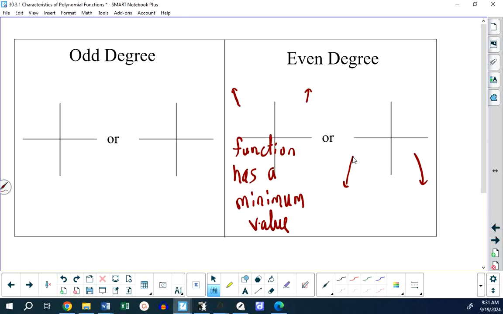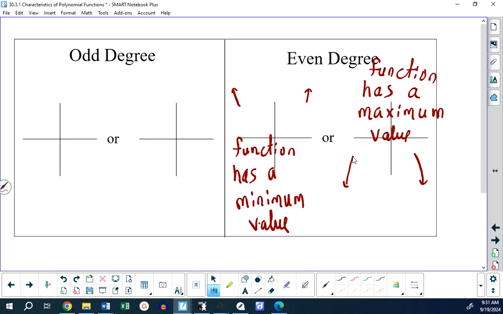If both arms are up, I don't care what it wobbles like in between, there has to be a lowest point to the graph of the function. And over here, if you have an even degree with both arms down, this must have a maximum value. I'll put the function. The function has a maximum value.